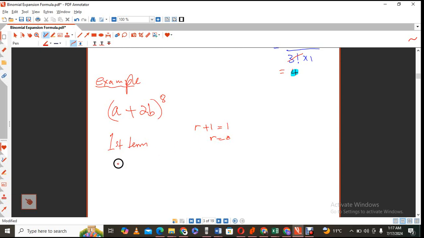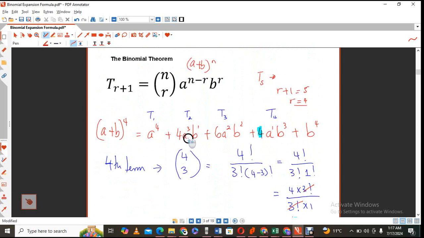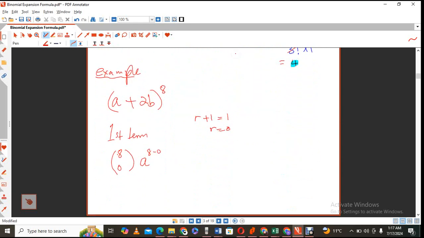So it will be 8 choose 0, that's the first term, and this is my A, and it's 8 minus 0, according to our general formula, and then our B, which is this whole 2B here, so I'll have 2B raised to the power of 0.